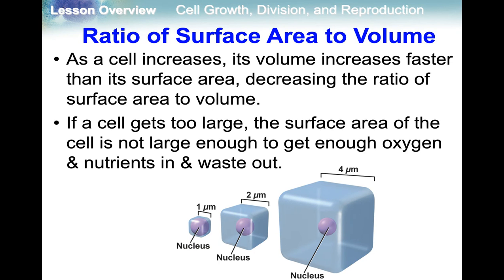If a cell gets too big, the surface area is not large enough to get the nutrients in and out that we need. So while it is bigger in volume, the actual surface area that is in contact with the outside to be able to move things around is smaller. So when you look, you can see that the nucleus is there, and the nucleus remains the same size. But as your cell gets bigger, it becomes harder and harder for that nucleus to get stuff out because the volume has become too great.